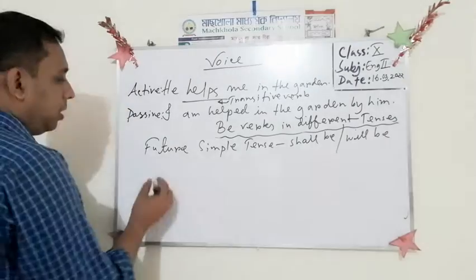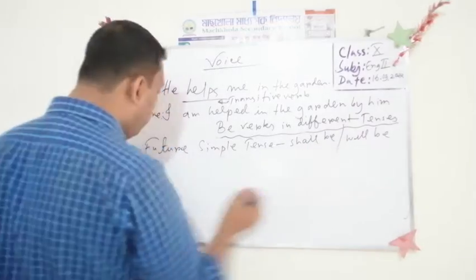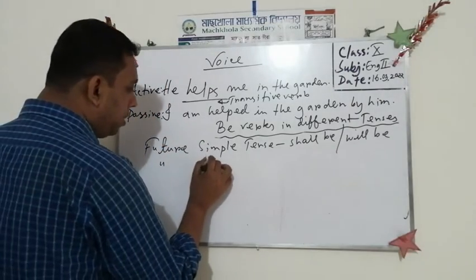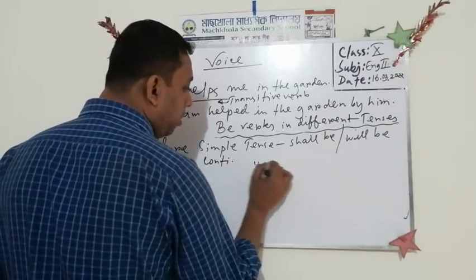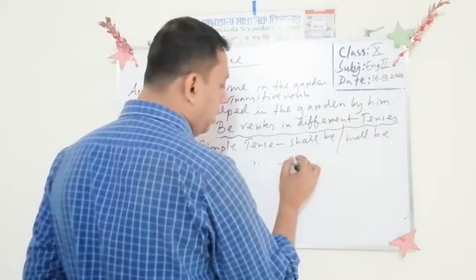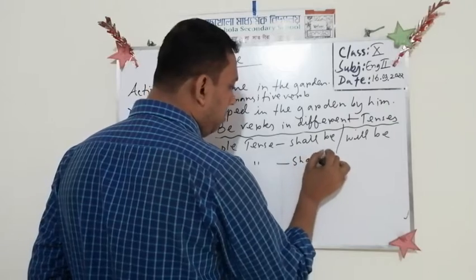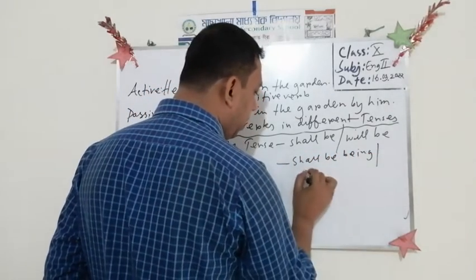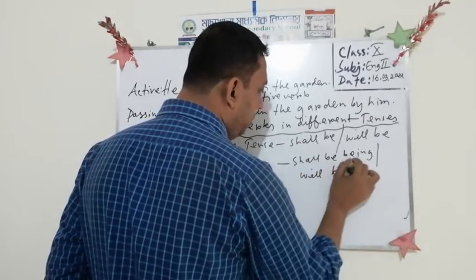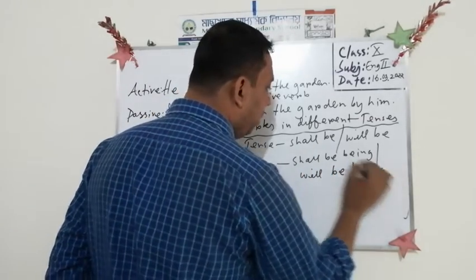Okay, so future simple, shall be, will be, future continuous, I'm writing in short. Okay, future continuous tense, and that would be shall be being and will be being. Okay.